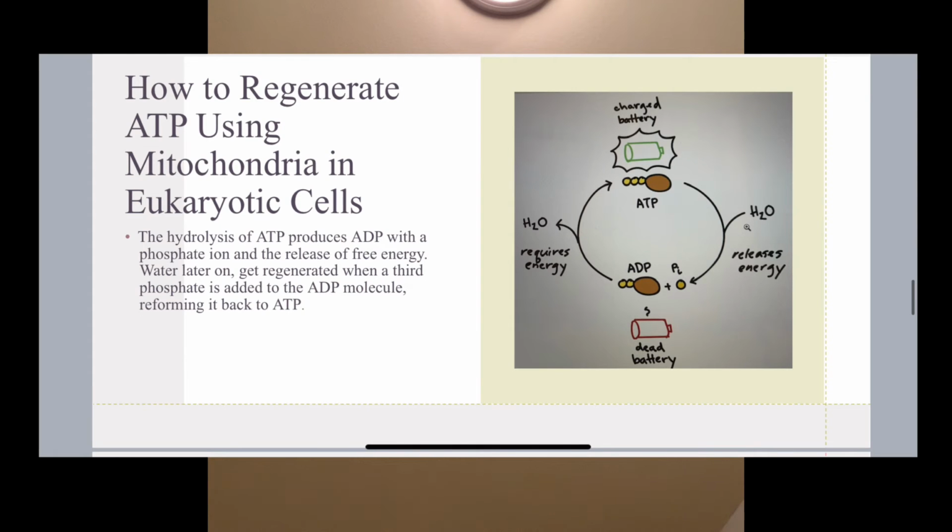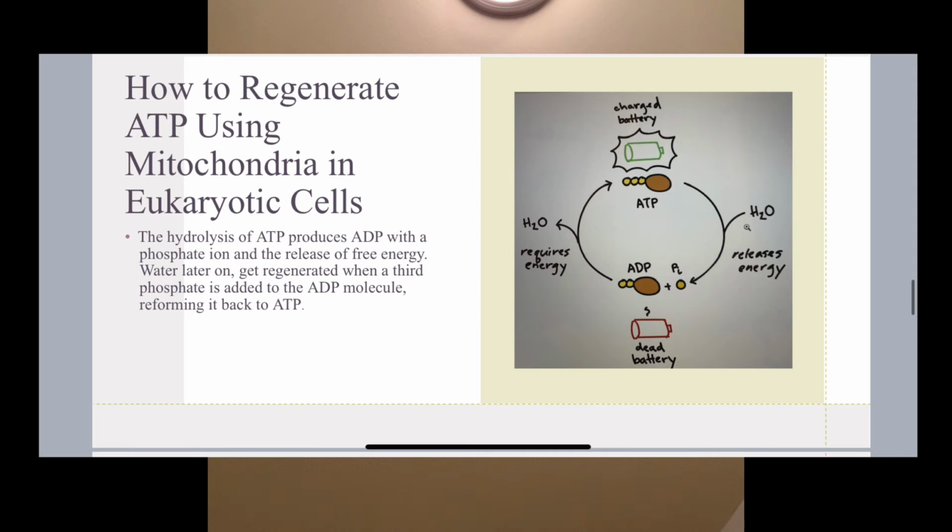Moving on, regenerating ATP using mitochondria in eukaryotic cells. Hydrolysis is the process of breaking complex macromolecules apart. During this process, water gets split or sliced, as I like to remember it, hydrolysis slice, and a hydroxyl group gets added to a larger molecule. So the hydrolysis of ATP produces ADP with a phosphate ion and the release of free energy.